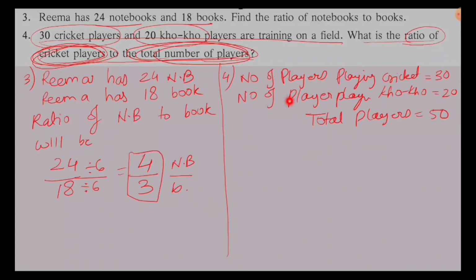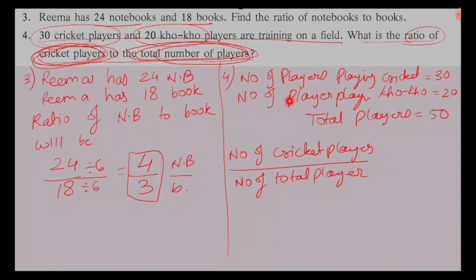Now what ratio we have to find? We have to find the ratio of number of cricket players upon number of total players. Are you all getting me? So total number of cricket players is 30 and total players are 50, not 20.